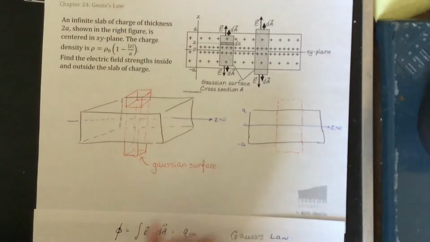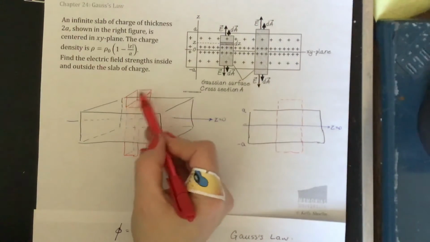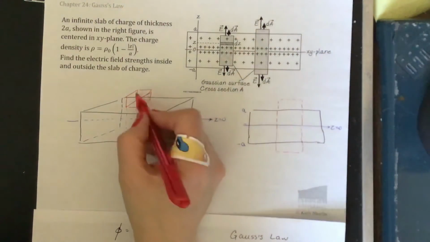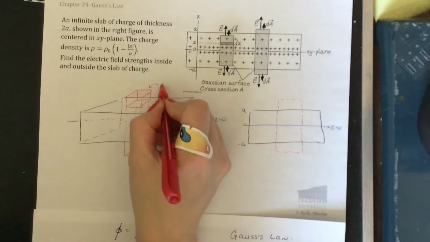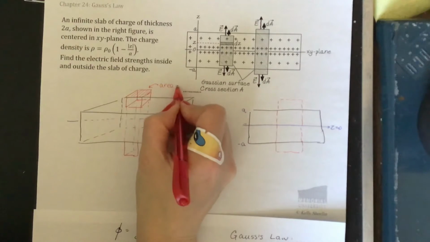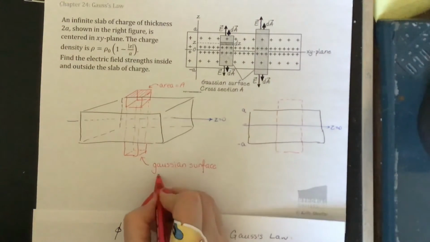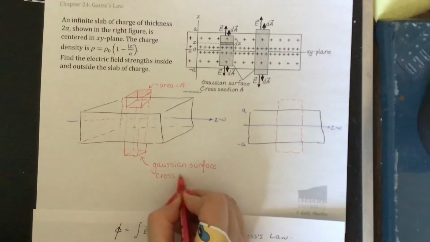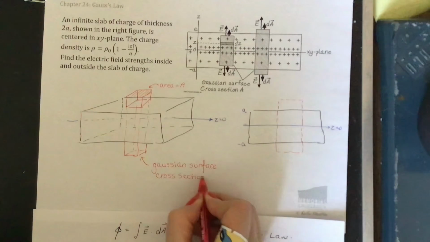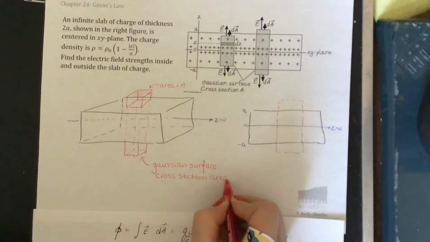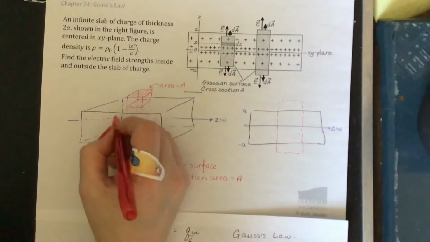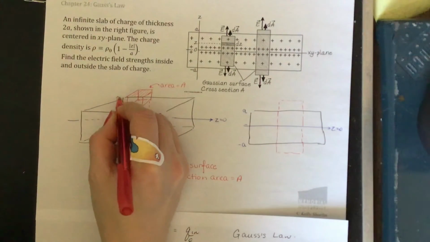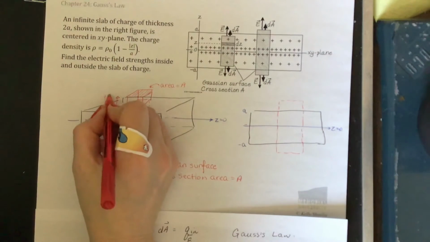The area of the cross section is A. So this part right here has area A. It has a height relative to the z-axis of plus z on the top, so it goes up to plus z here, and it goes down to minus z here.